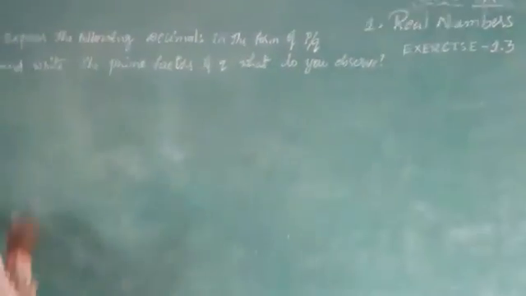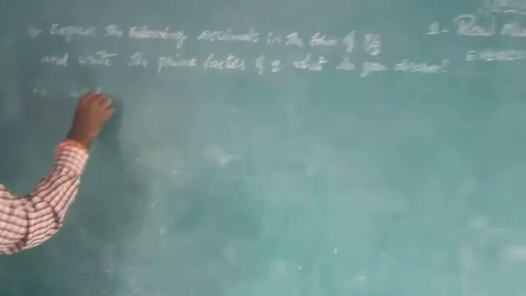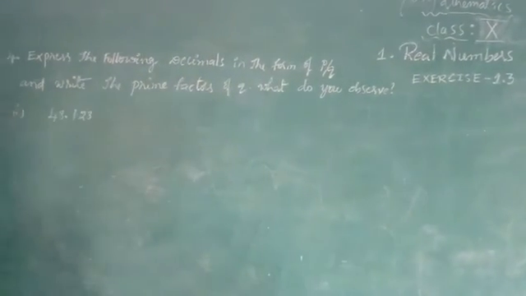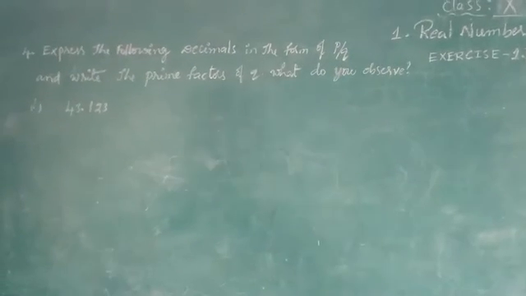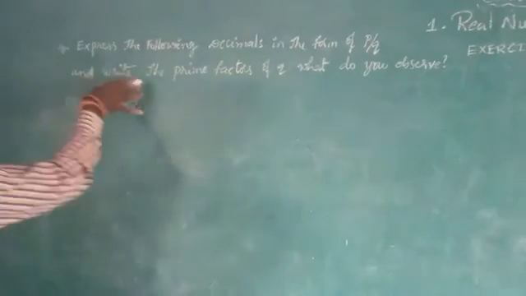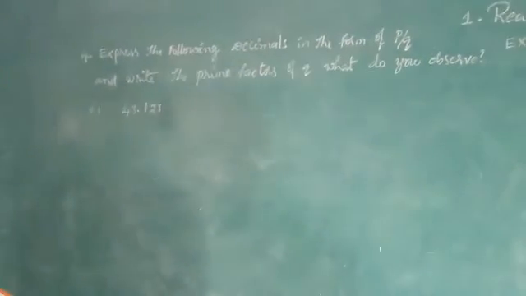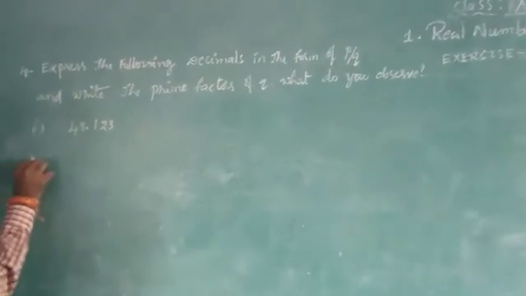So let me tell the first question. What is the first question? 43.123 is the first question. Express the following decimals in the form of P by Q, and write the prime factors of Q. What do you observe?